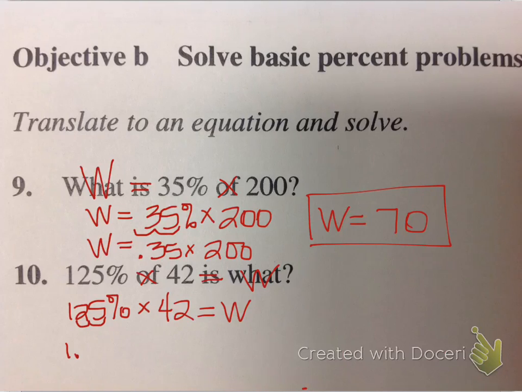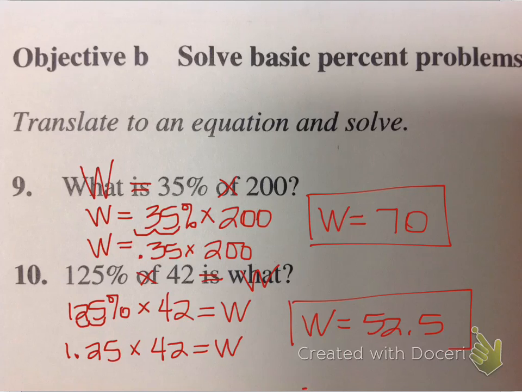So this is 1.25 times 42. So 1.25 times 42 is 52.5. So these two problems are very similar. The first one has the what is at the beginning, and the second one has the what is at the end.